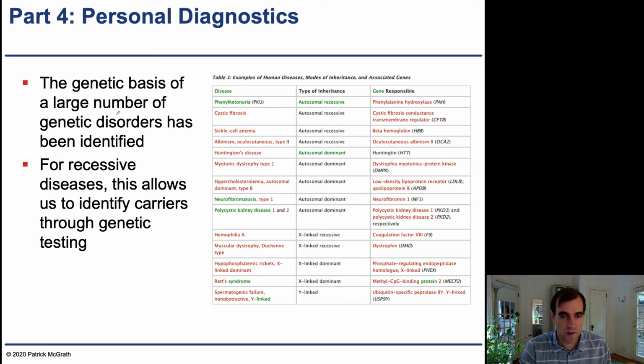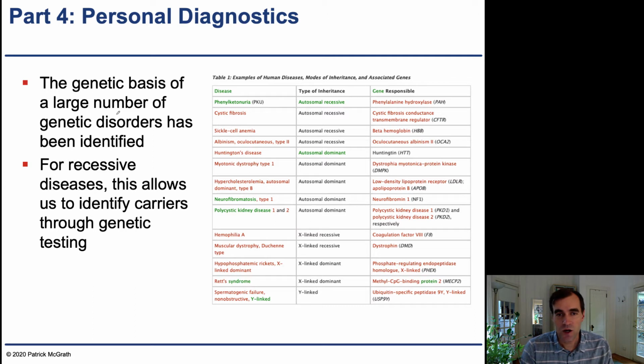And so, for dominant diseases, you know whether or not you're a carrier for the allele that causes that disease. But for autosomal recessive diseases, you might be a carrier for a disease, but you have no idea that you have it. And typically, the way these diseases show up is either through inbreeding among families, or just rare examples of crosses where two individuals are carriers for the same trait.